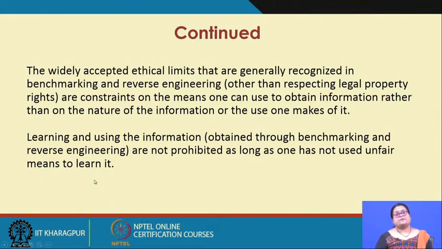The widely accepted ethical limits that are generally recognized in benchmarking and reverse engineering are, rather than respecting legal property rights, commonly about being trustworthy, and about the constraints and the means one can use to obtain information, rather than the nature of the information, or the use that one makes of it.